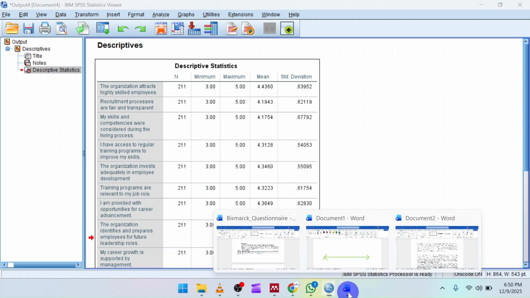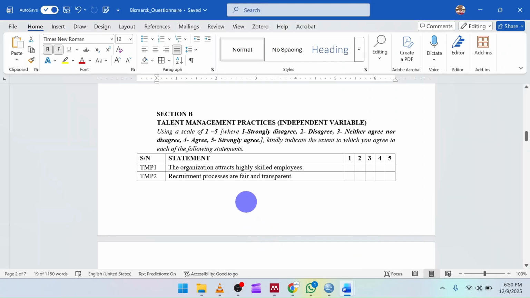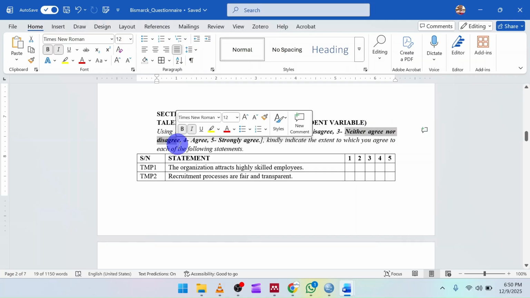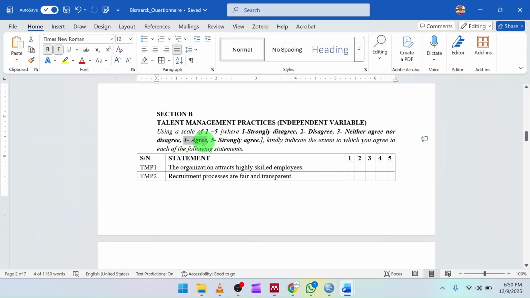Now, in doing this, let's get to understand our questionnaire first. This is our questionnaire, and the Likert scale questions were on a 5-point scale, where 1 is strongly disagree, 2 is disagree, 3 is neither agree nor disagree, which is neutral, 4 is agree, 5 is strongly agree.